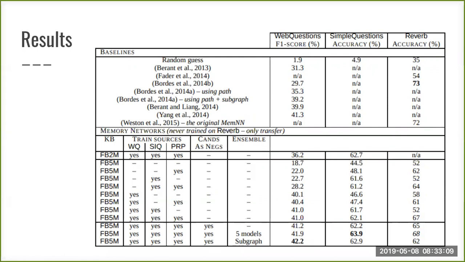And they also did not remove these auxiliary nodes, like mediator nodes. I don't actually remember if they searched longer paths through the knowledge graph, or just didn't answer those questions. Anyway, the results from these Facebook guys are not that good compared to this original paper.